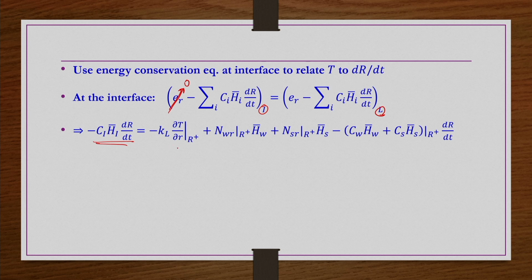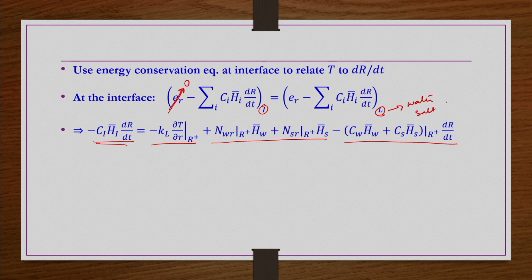In the liquid side, Er is having a conduction term, then whatever the energy changes because of the species flux terms, and then because of the enthalpy variation terms. In the liquid side we have both water and salt.